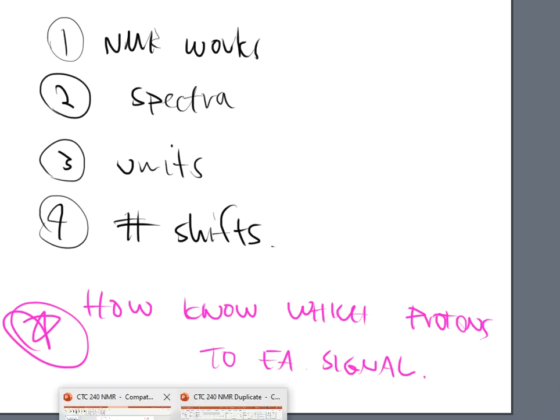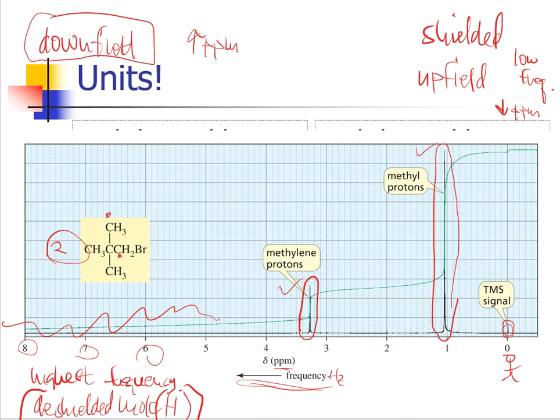Okay, well, let's go back to this. We've already done this problem. We said there's a signal here and there's a signal there. And look, there's a signal here and there's a signal there. Okay, that's great. But how do I know which is which? So for instance, this CH2 group.